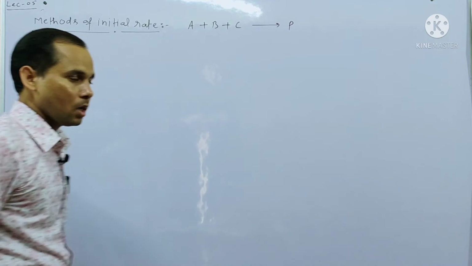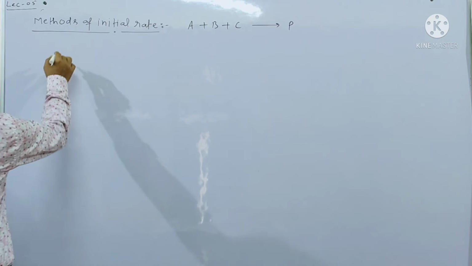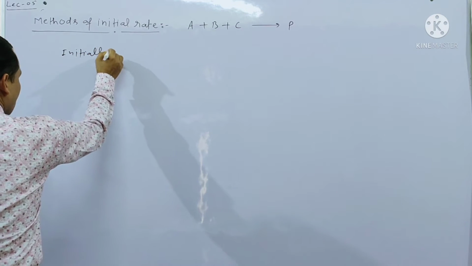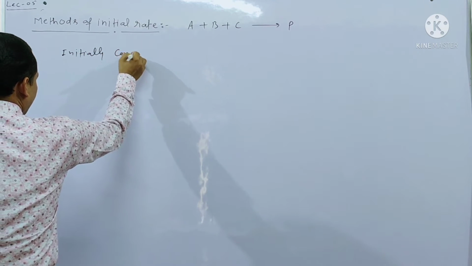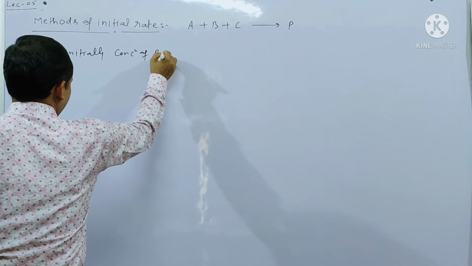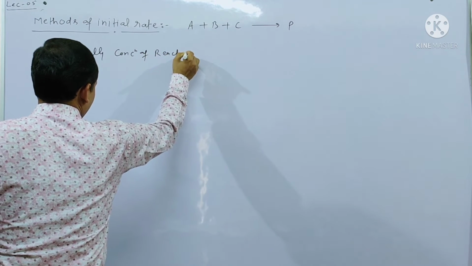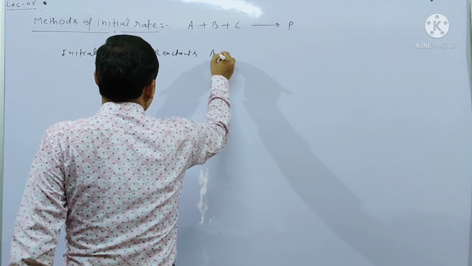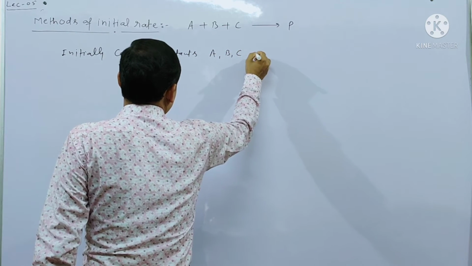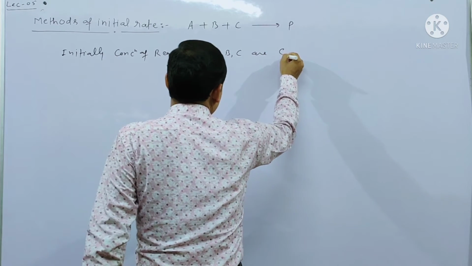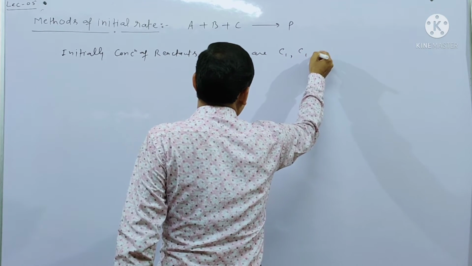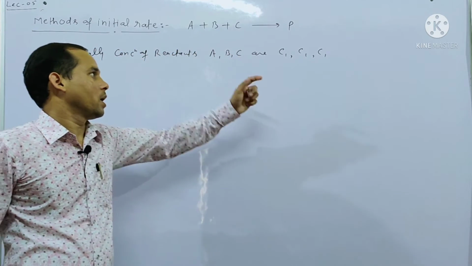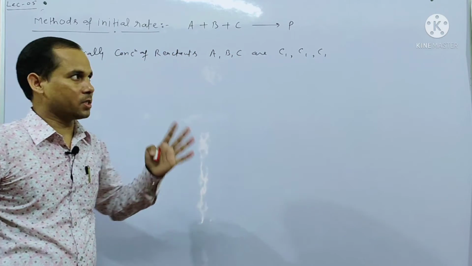Initially, let's consider the concentration of reactants A, B, C to be C1, which means all the reactants A, B, C have concentration C1.